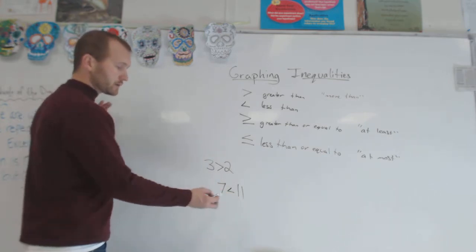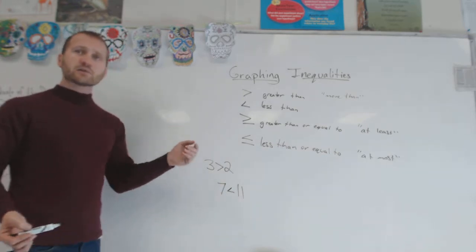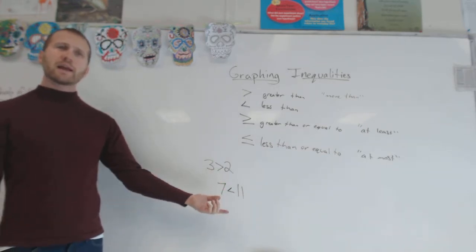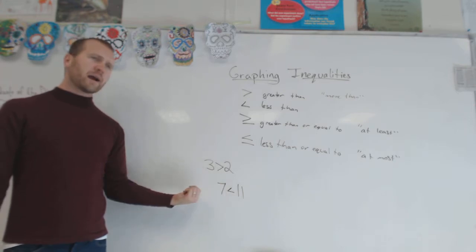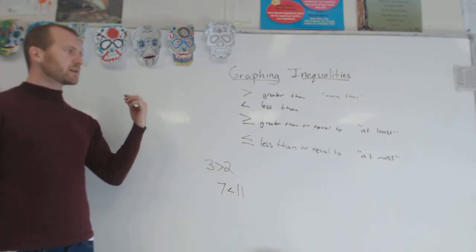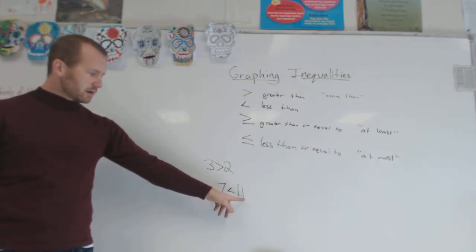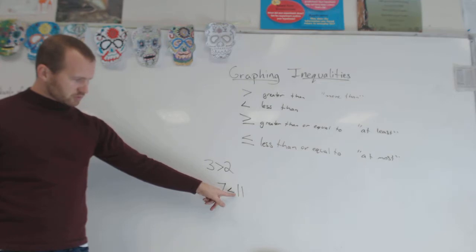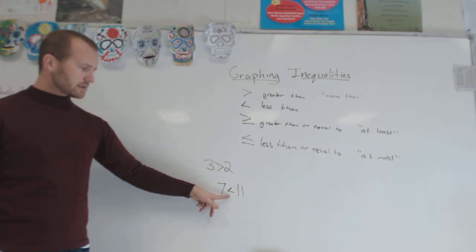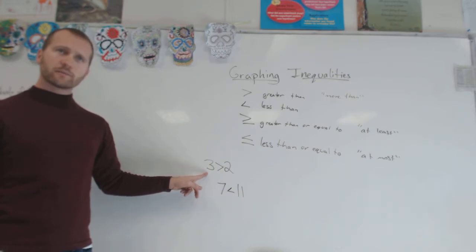You could also say 11 is greater than 7. That's totally fine. This is the only case where you can read backwards in English. If I write most words in English, it doesn't make any sense if I read them backwards. With these, you can. 11 is greater than 7. 7 is less than 11. 3 is greater than 2. 2 is less than 3.